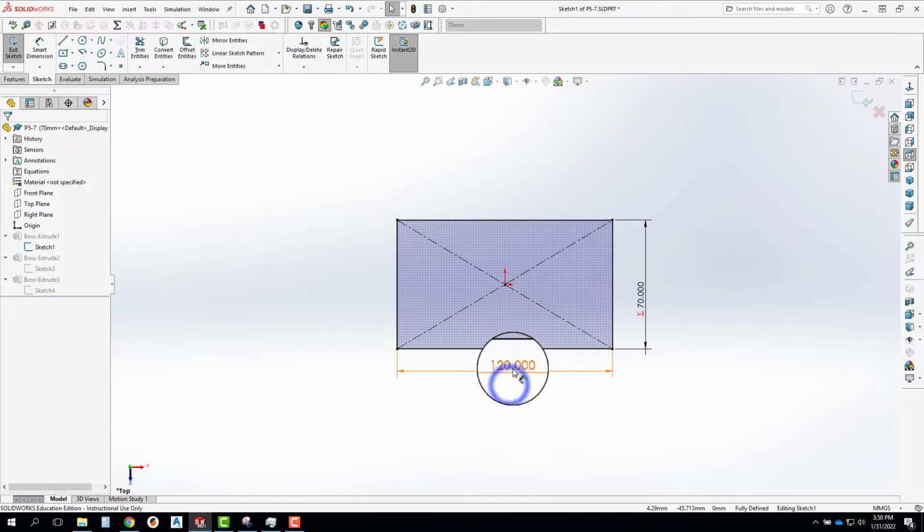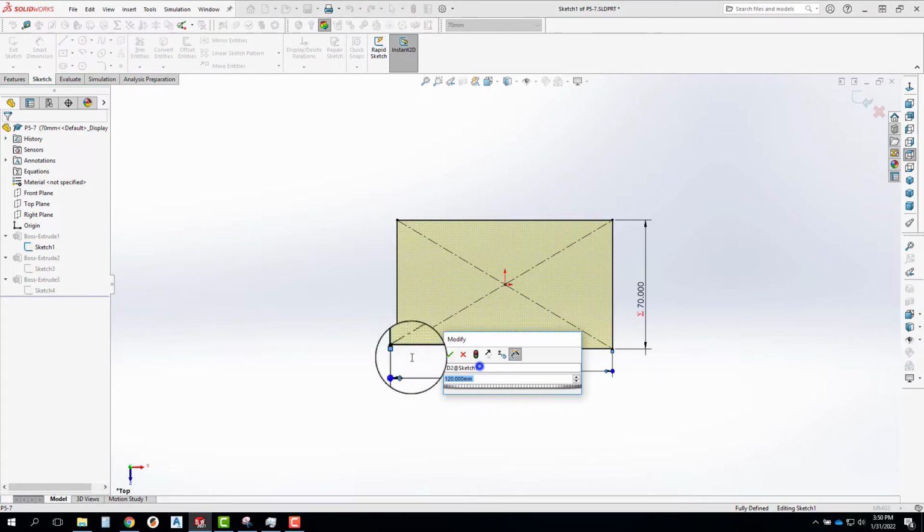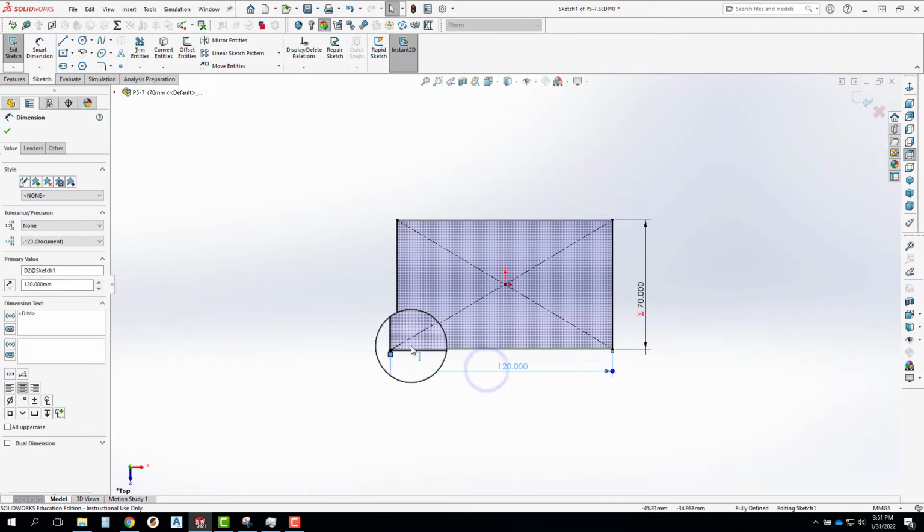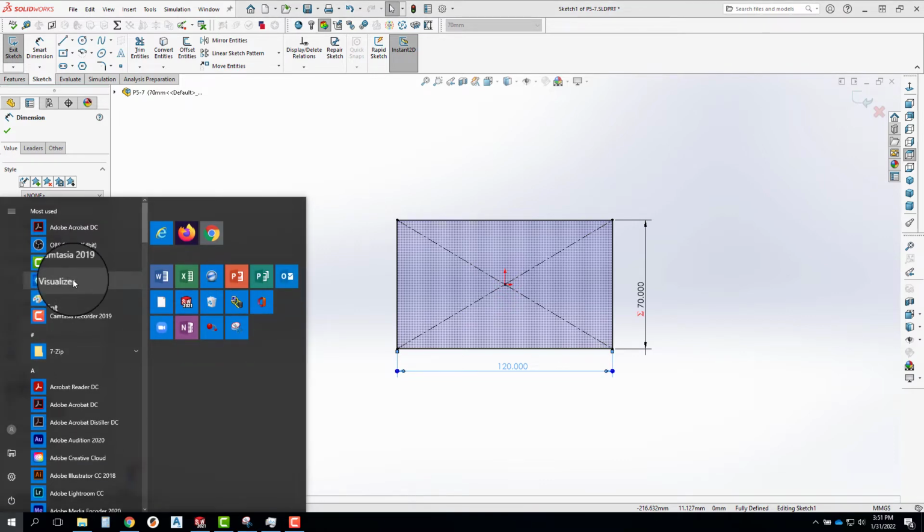This dimension's name, you see there's D2 at sketch 1. You can also get that by copying it right here. There we go, D2 at sketch 1.